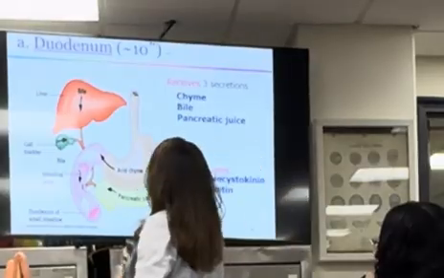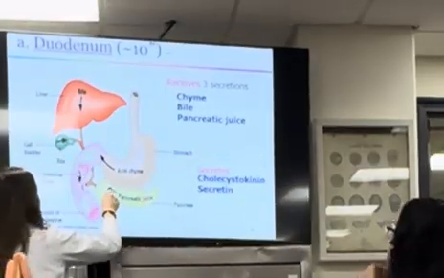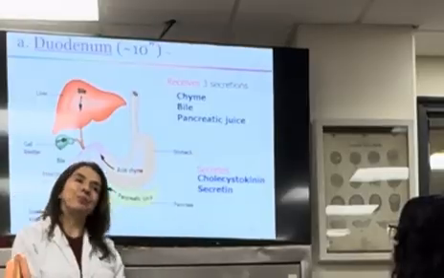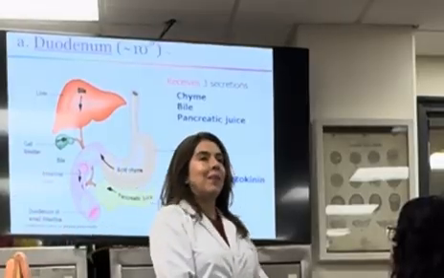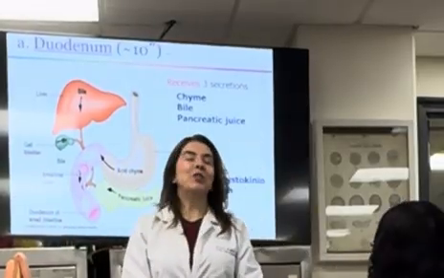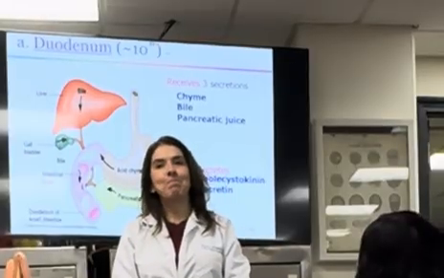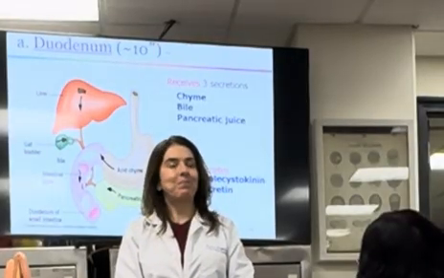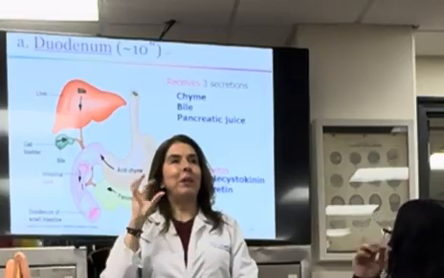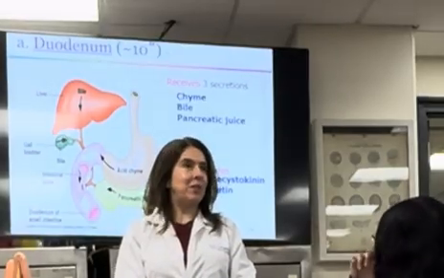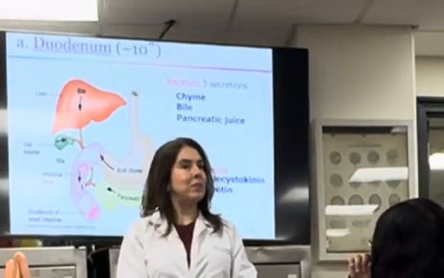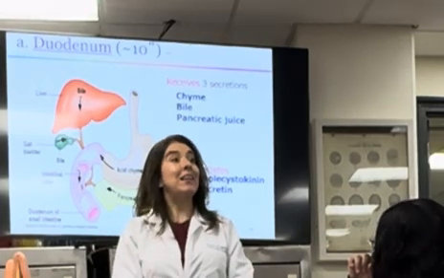Okay, so what's in pancreatic juice? Why is pancreatic juice important? Let me give you some hints. Pancreatic juice is rich in zymogens. What is a zymogen? It's an inactive enzyme.